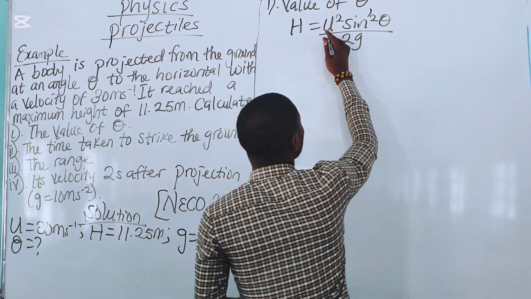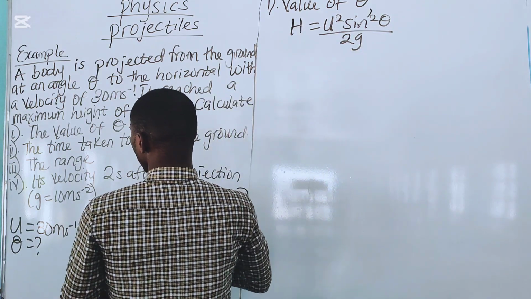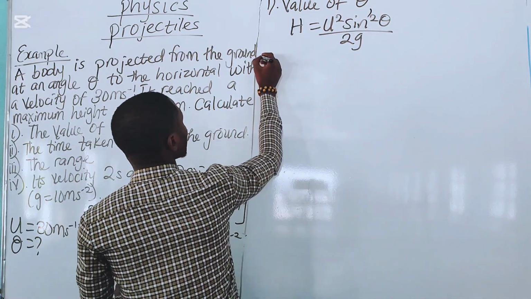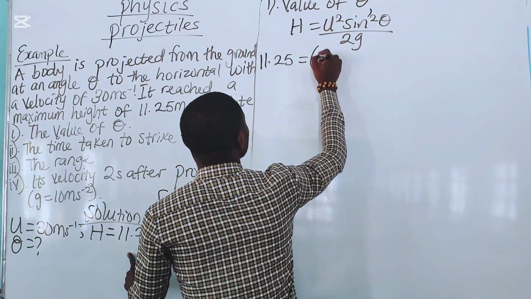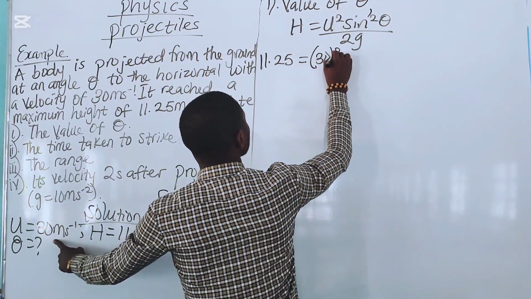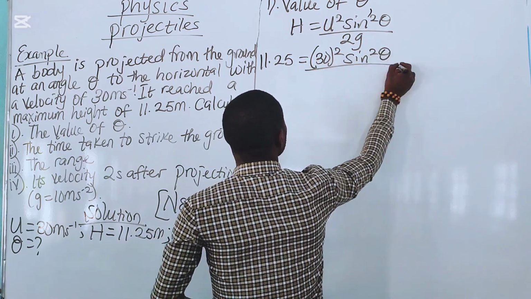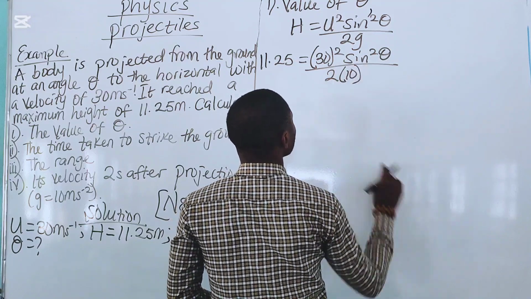So substituting the values, that will give us a maximum height, which is equal to 11.25. So we have 11.25 should be equal to u squared, and u is what? 30. So we have 30 squared, then sine squared theta over 2 times g, and g is what? 10.